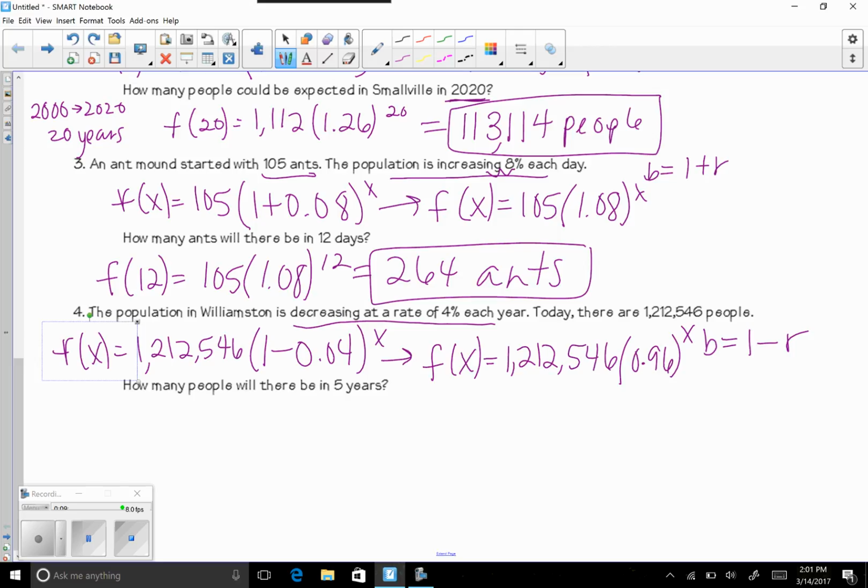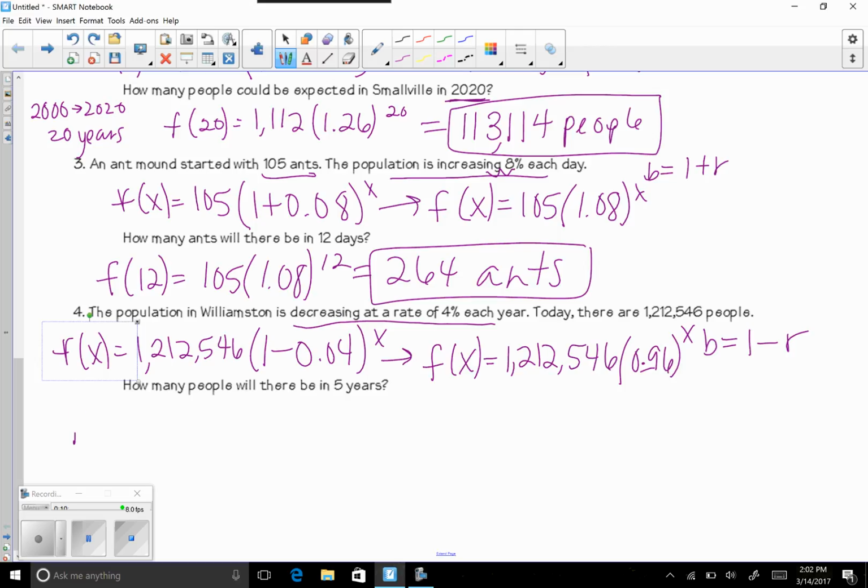So let's look. 0.96 is less than 1, so that means decay, which this is decreasing, so it should be decay. 0.96, when you compare it back to 1, it's 0.04 less than 1, so it's showing the 4% decrease. So if you decrease by 4%, you're maintaining 96% of something. That's where that number comes from.